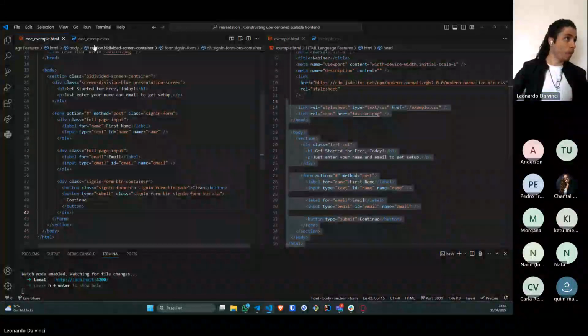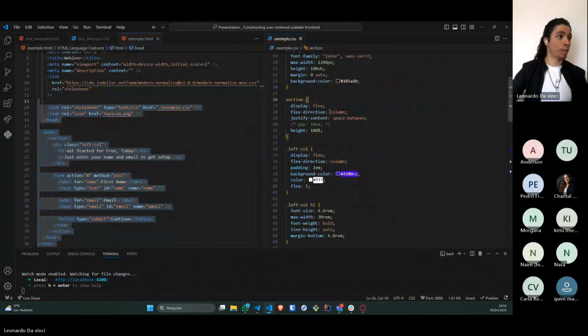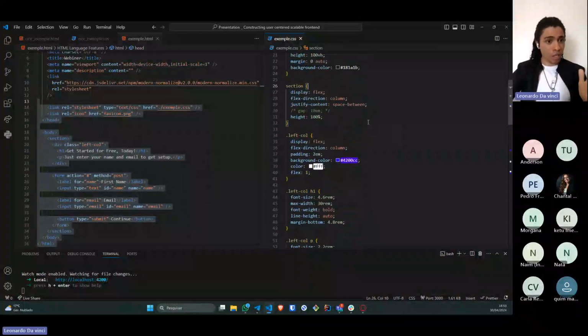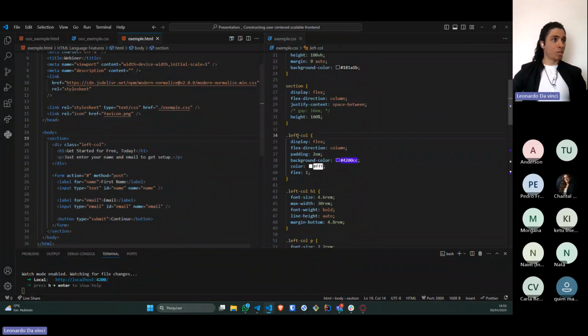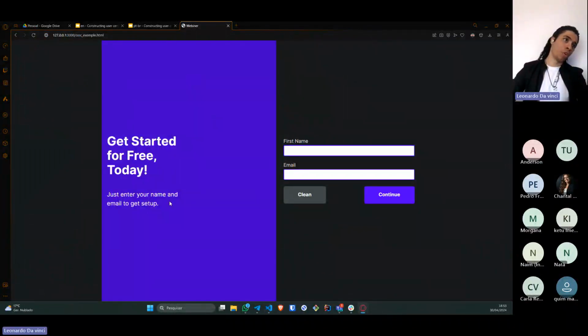And then the CSS. If you see their CSS, since we're talking about a single page, we can kind of relate here, right? So left call, and if you look at this, you can say, oh, probably this is the left call.